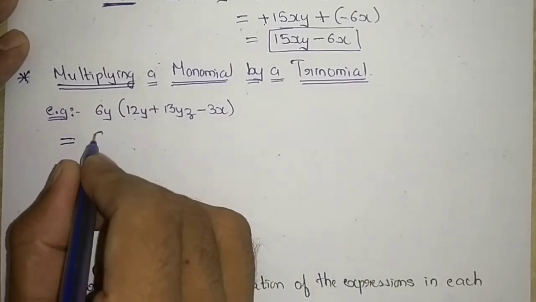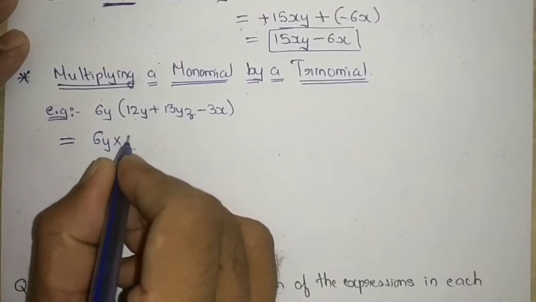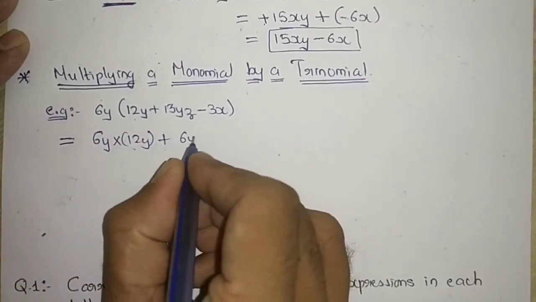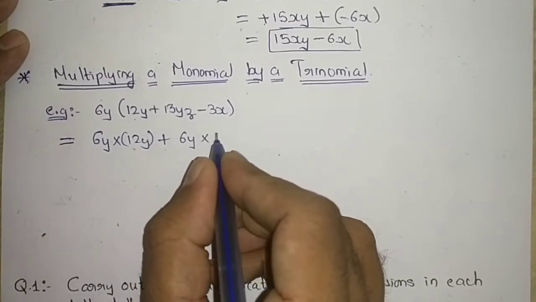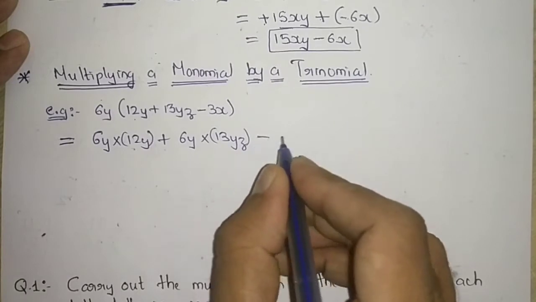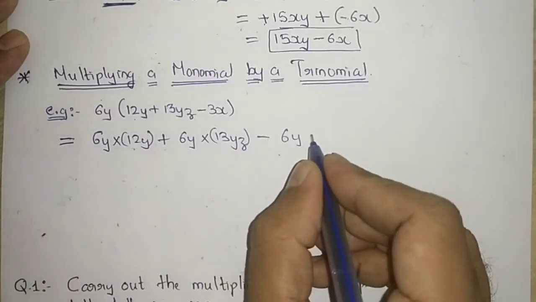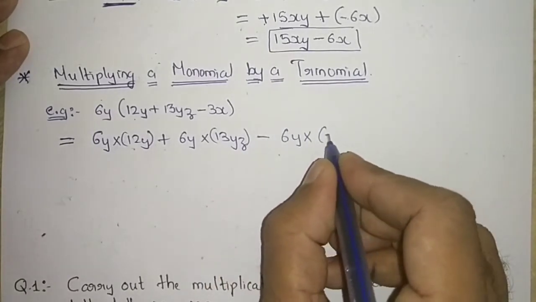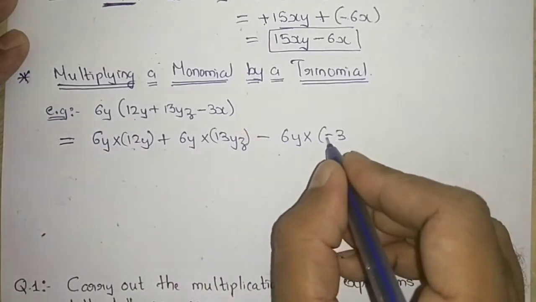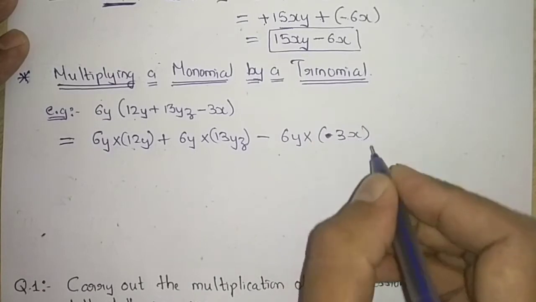So one chocolate for 12y, plus 13yz, minus... this is not minus, this is 3x.